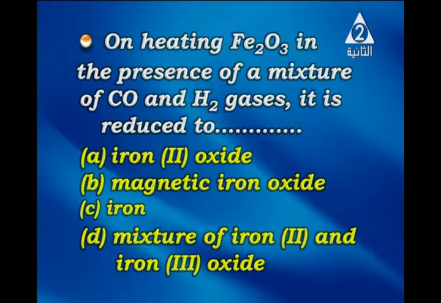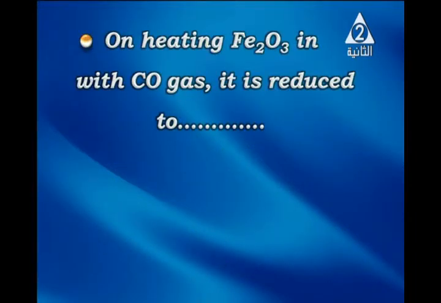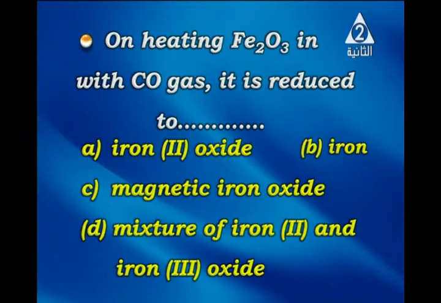If you think about it, my dear student, yes, your answer will be iron. Next point, on heating iron 3 oxide with carbon monoxide gas, it is reduced to what? Iron 2 oxide, or iron, or magnetic iron oxide, or mixture of iron 2 and iron 3 oxides? If you think about it, yes, it will be iron.